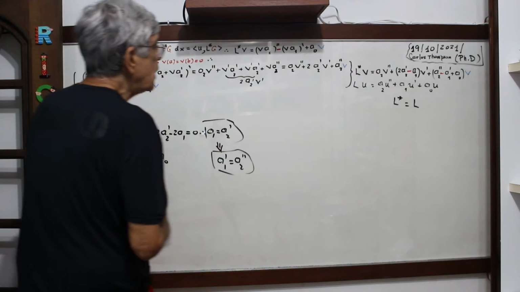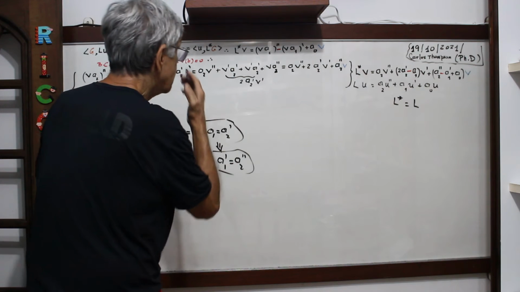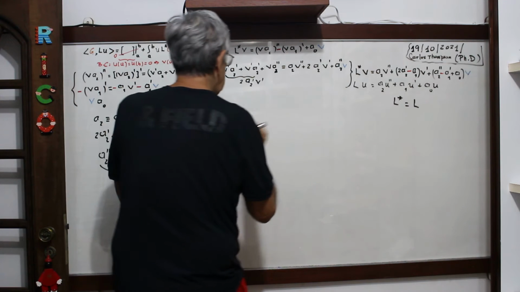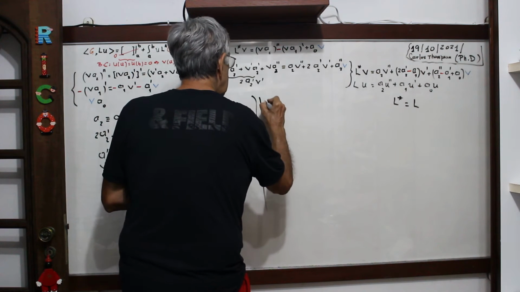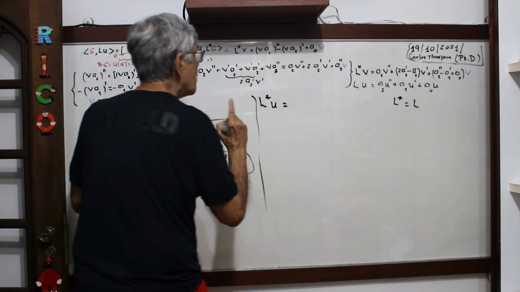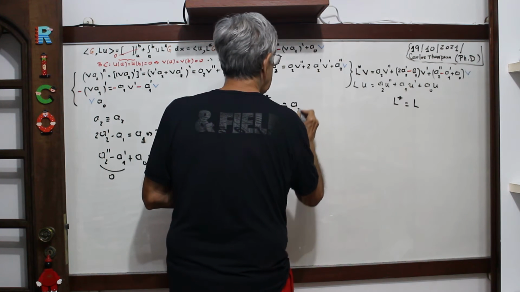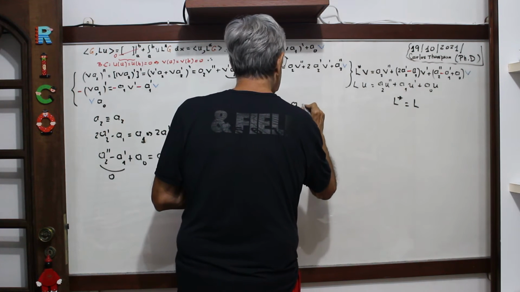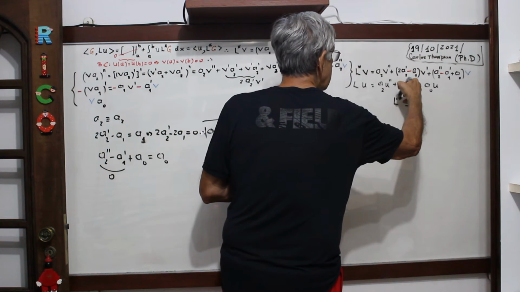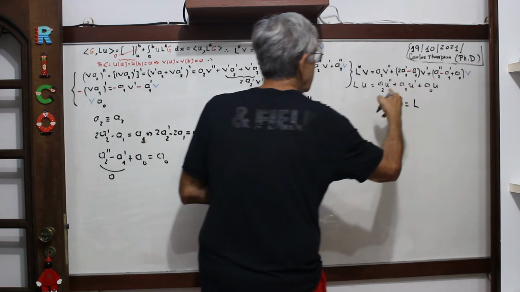Now, from this, I can write easily that LU is equal to, now you see, A2 is the same, A2 U double prime. Now this term over here has to be equal to A1.